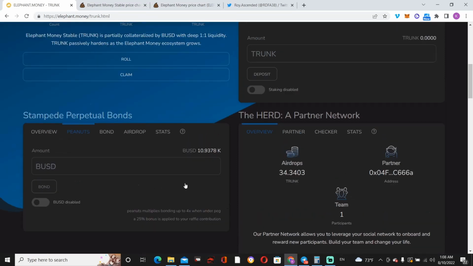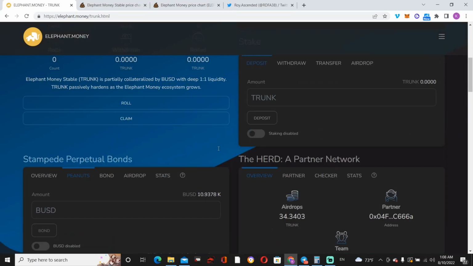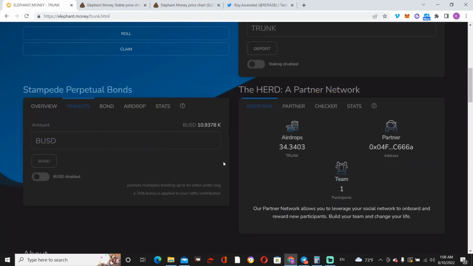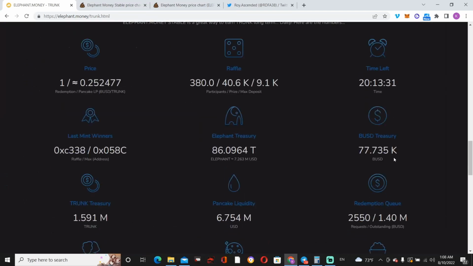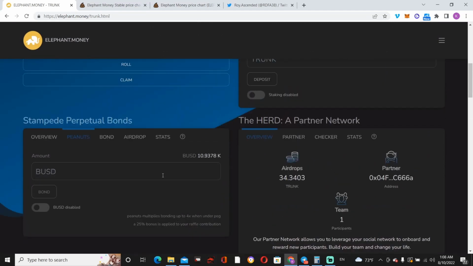If we go back to the original protocol, whenever you mint Trunk, 75% of that purchase amount goes to BUSD. When you buy it off PancakeSwap, you're not contributing to the BUSD treasury at all, nor the Elephant treasury. So by doing it right here, you are 100% sending your BUSD to the BUSD treasury. And I think this is much better than buying it off PancakeSwap.